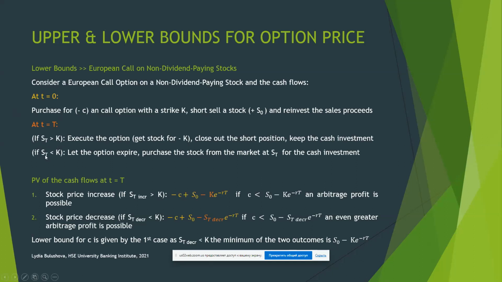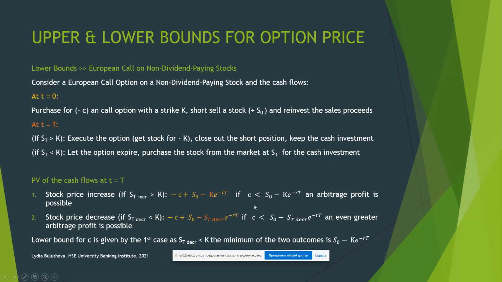We've got S sub capital T less than K. K is 100, so let S sub capital T be equal to like 1. Let's have a look. Here we've got S initial minus 1 multiplied by the discount factor. S minus 100 multiplied by the discount factor. S minus 1 multiplied by the discount factor.